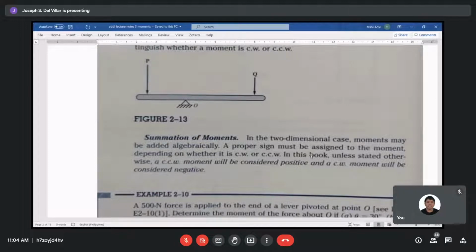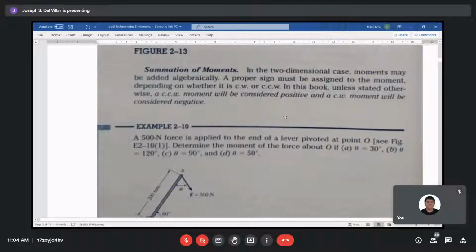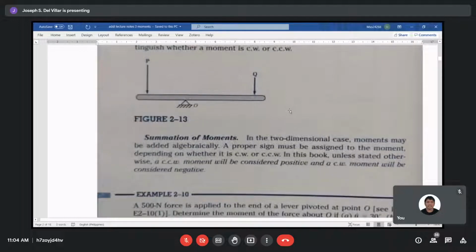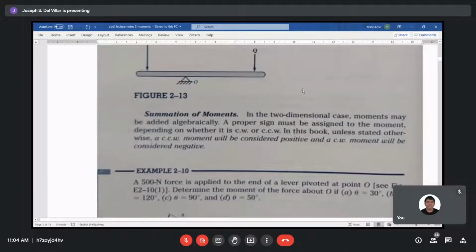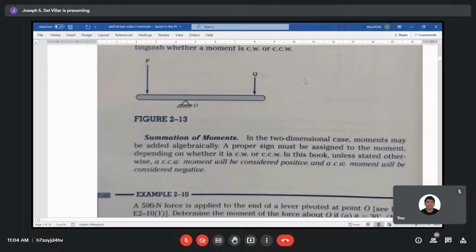Parehas lang naman ang sagot. So from the start of the problem, you must state your sign convention, that you are assuming that clockwise directions are negative moments, and counterclockwise will result to positive moment.